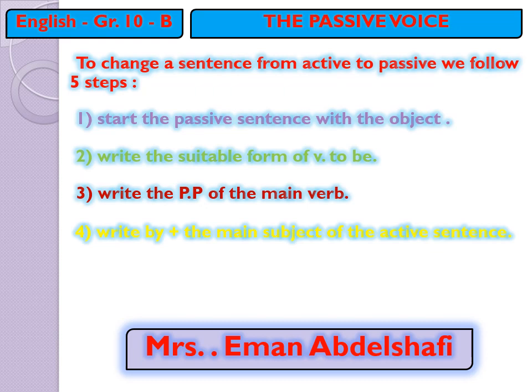We usually omit it when we don't know the agent or when it is easy to figure out who the agent is. 5, complete the sentence. This means we are going to write the rest of the sentence.